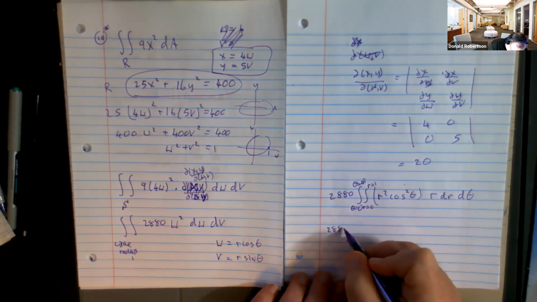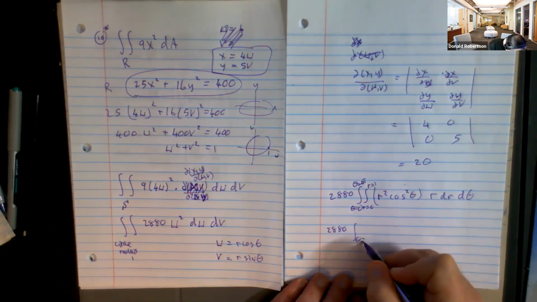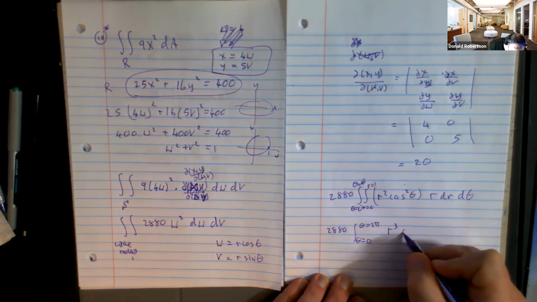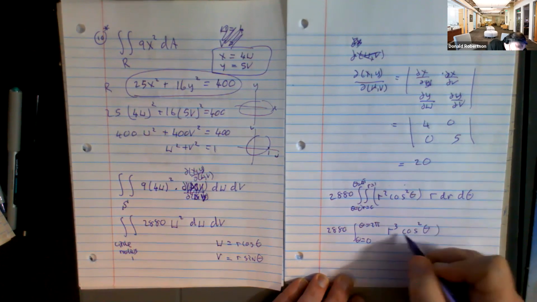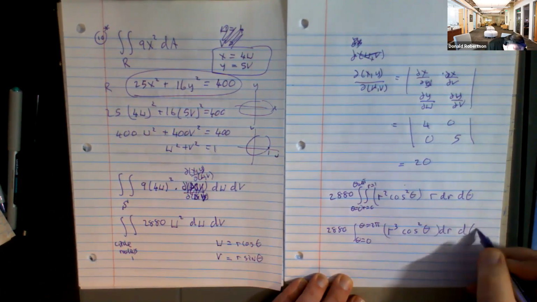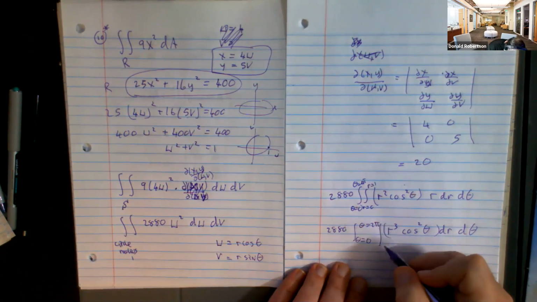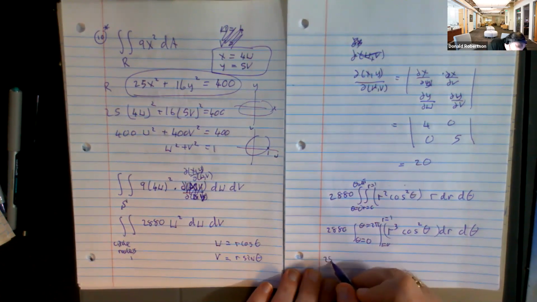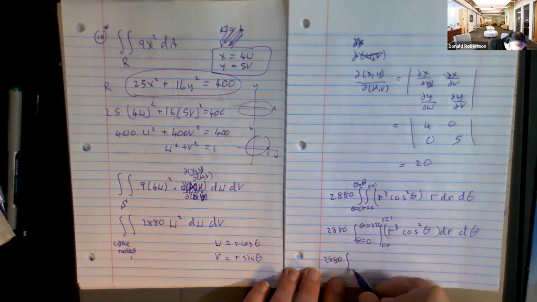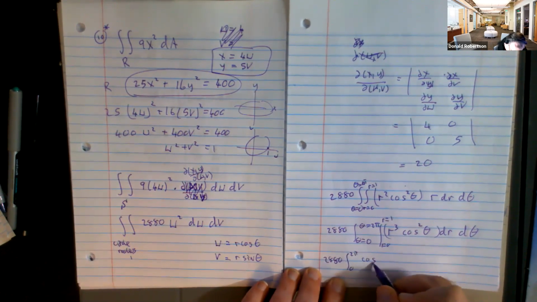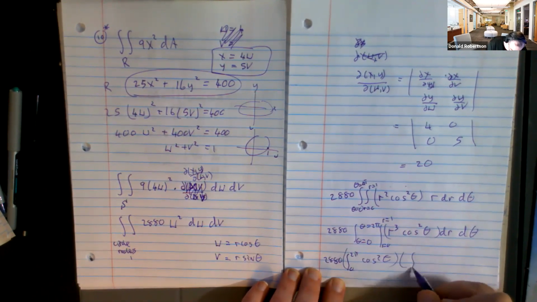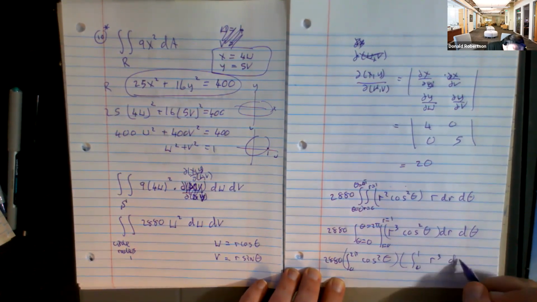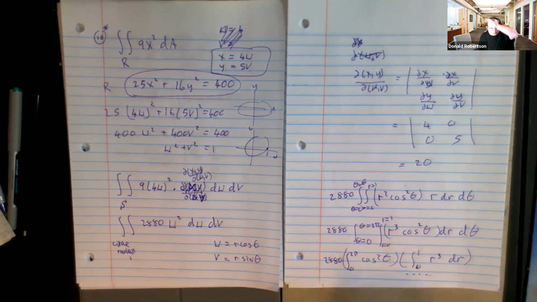So I have 2880, the integral from 0 to 2 pi of r cubed cos squared theta dr d theta. And isn't this separable? So 2880, the integral from 0 to 2 pi of cos squared, and the integral from 0 to 1 of r cubed. And that's going to have to be a dot, dot, dot.